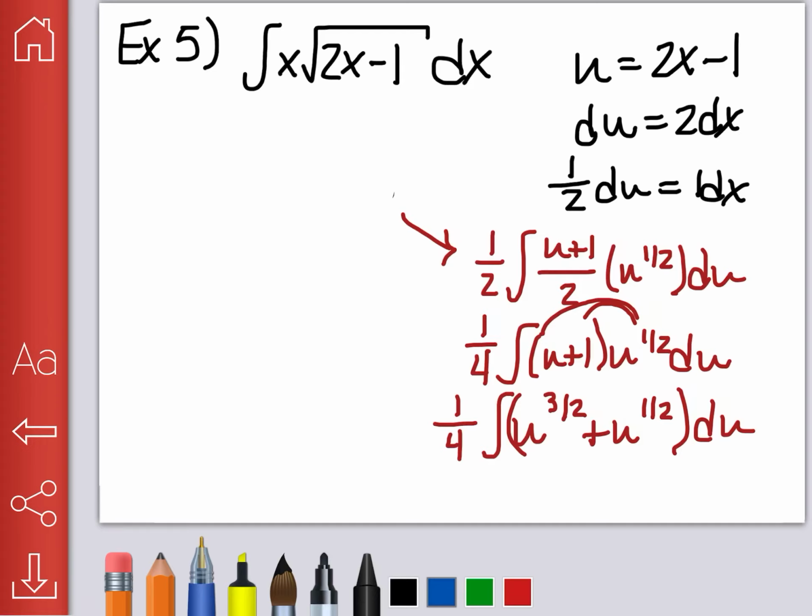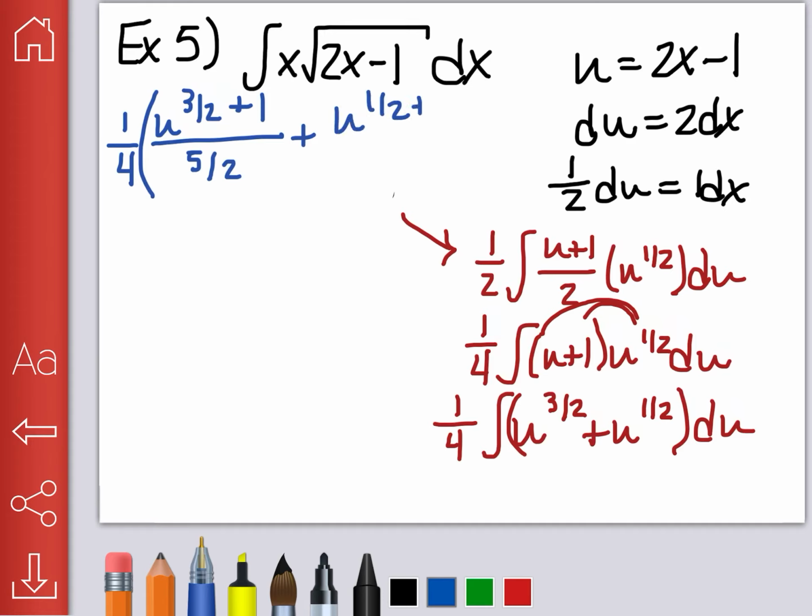So now I'm just going to integrate both of these terms separately and multiply through by 1/4 at the very end. So I have 1/4 times, this would be u to the 3/2 plus 1 divided by the new exponent, which would be 5/2. And then plus u to the 1/2 plus 1 divided by the new exponent, which would be 3/2.